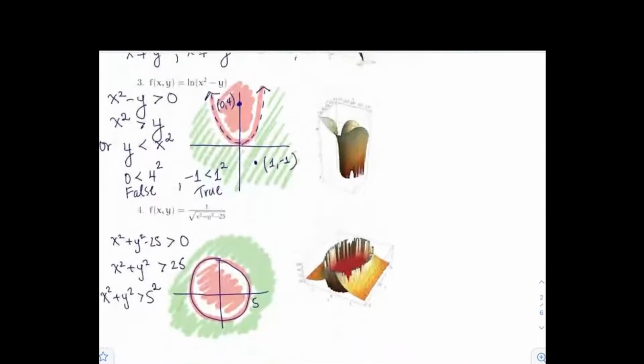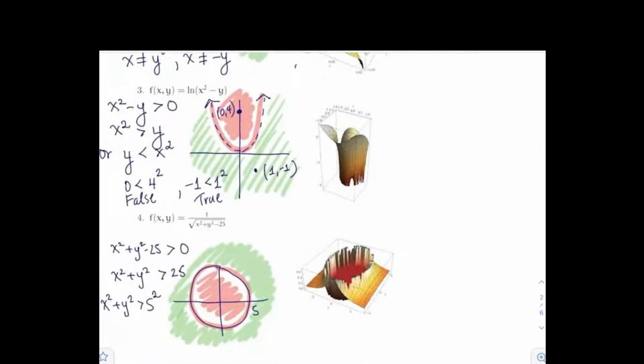A couple of examples here. There are many things we could ask, but in general it's a good idea to know the domain of a trig function, exponential, logarithmic, polynomial, and rational functions, that family of functions we've discussed in pre-calculus, algebra, and calculus 1 and 2.